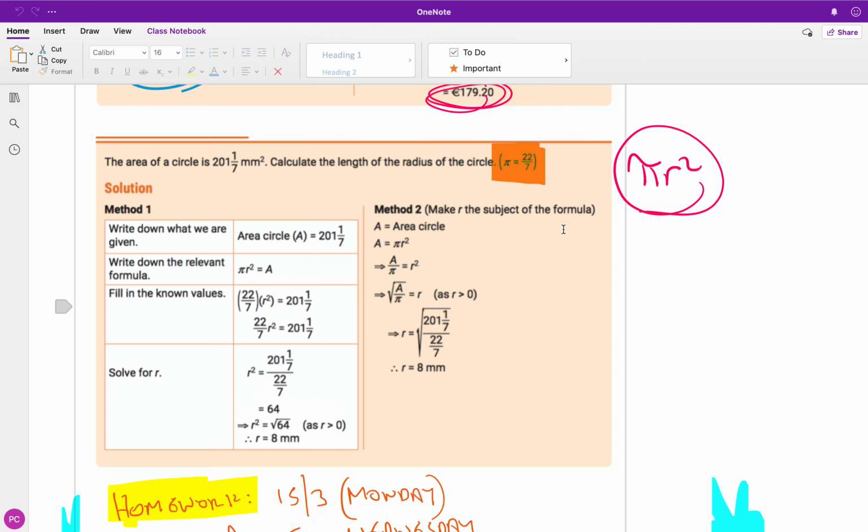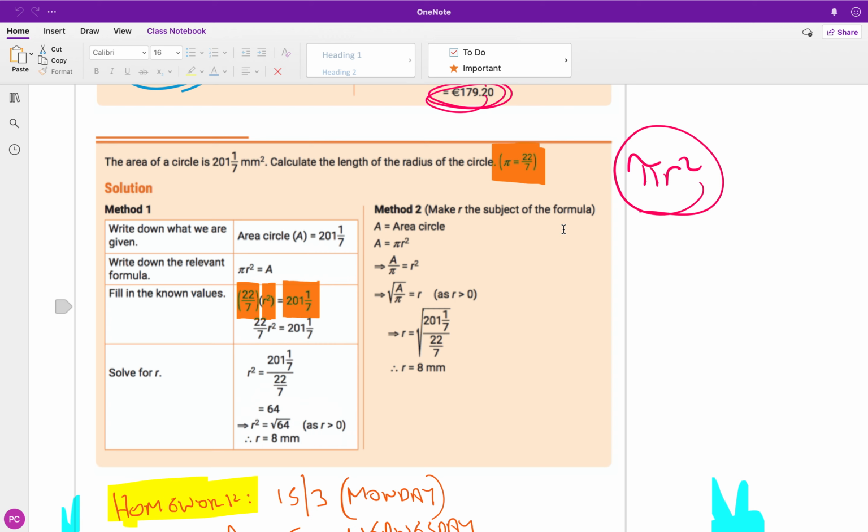So what we're going to do is have a look down the left now. Here's the area here. The area they gave us is equal to pi r squared. Sub in for pi.